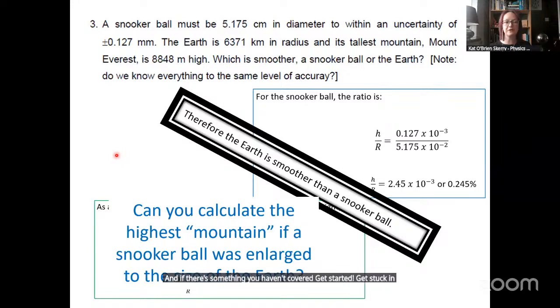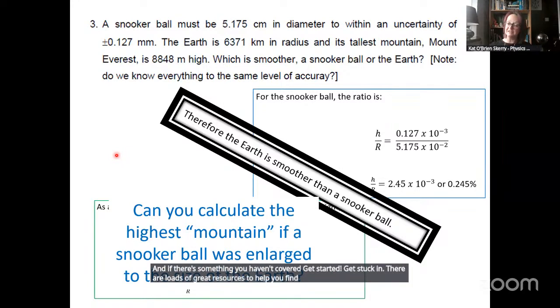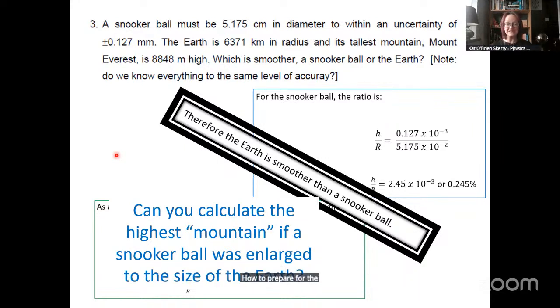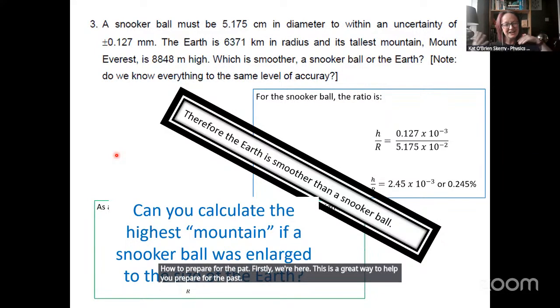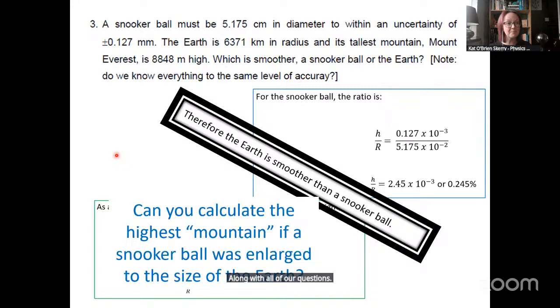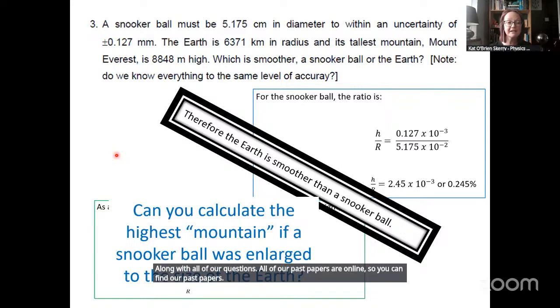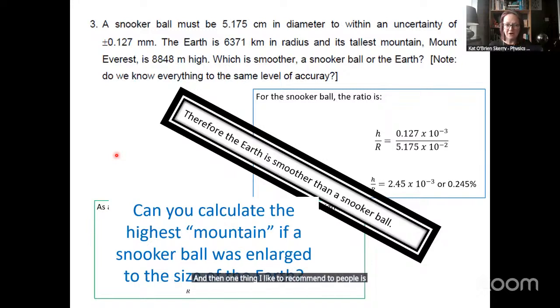There are loads of great resources to help you find, which leads me nicely on to another question coming up, how to prepare for the PAT. Firstly, we're here. This is a great way to help you prepare for the PAT, along with all of our questions. All of our past papers are online, so you can find our past papers. And then one thing I like to recommend to people is almost go small.